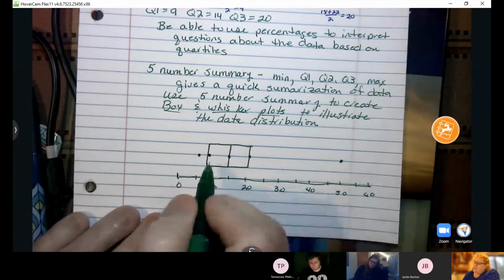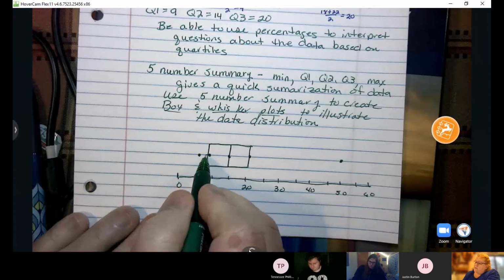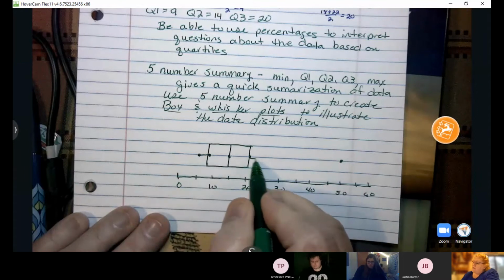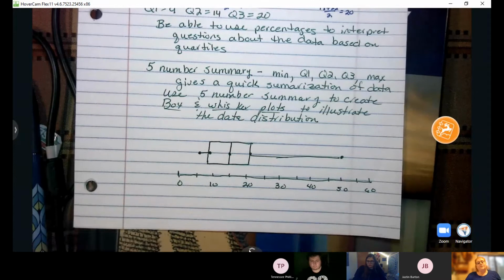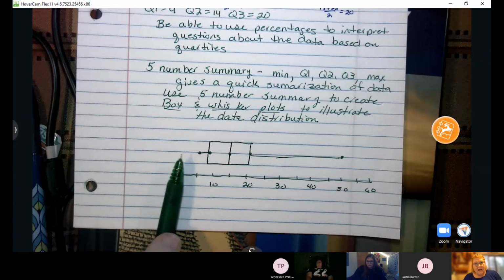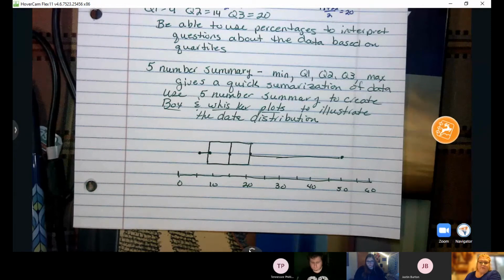The min and the max from the box represent the whiskers. And so that's how you create your box and whisker plot. Of course, it should have a title, and you should provide those extras that you should have on any particular graph. But that just kind of quickly shows you how to create your box and whisker plot.